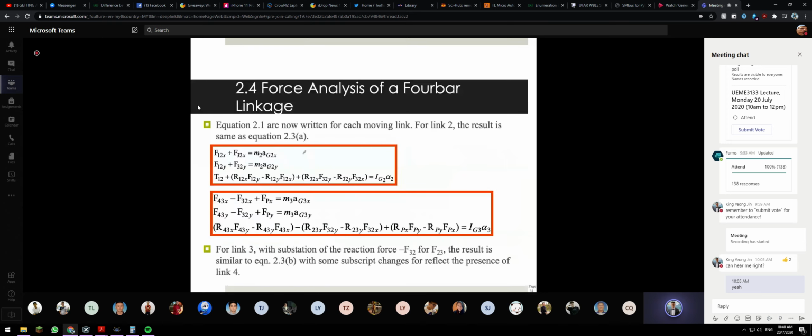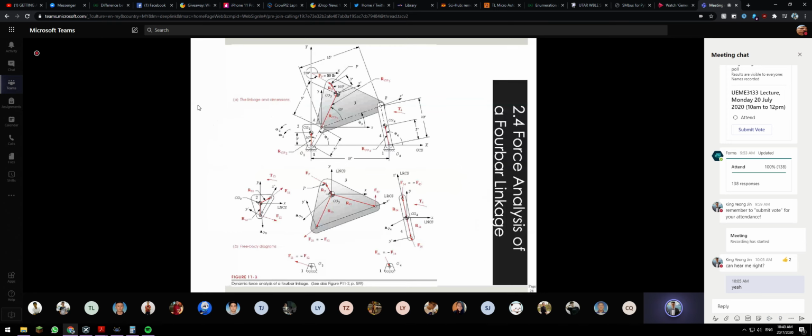If this is link 2, I will have theta 2 here. So the 30 degrees is over here, but your R12 is pointing down from the center of gravity. That's why the angle you take has to be from the x-axis. So it's not 30 degrees. That's why we have to find what theta 2 is, which is a given value here.